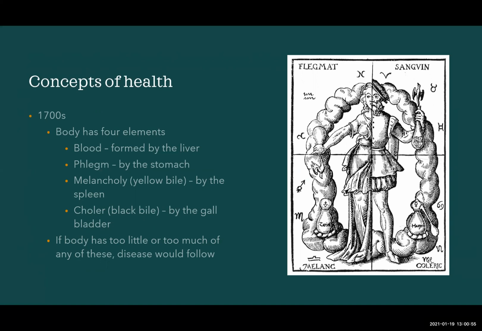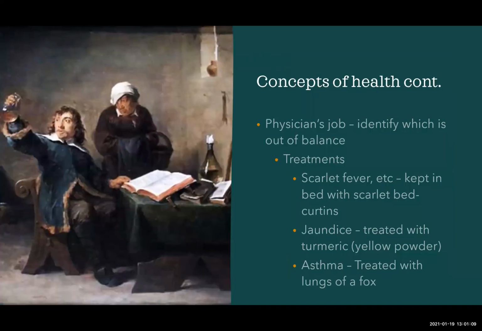If a body had too little or too much of any of these, that's when diseases would happen. So the body had to be in complete equilibrium among all of these different elements. So basically, a physician's job at this time was just to identify which was out of balance.